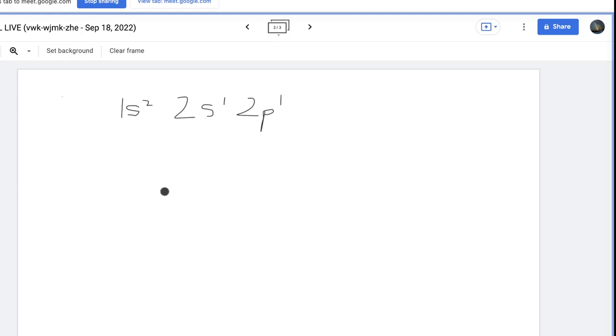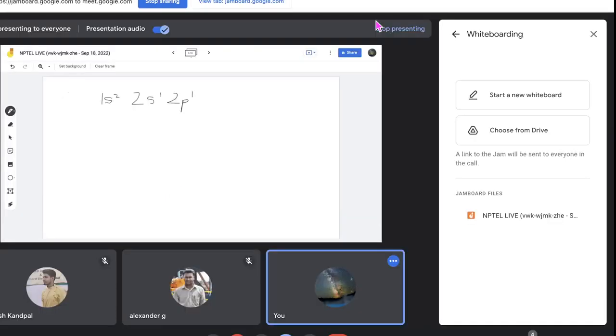So if you need to find the term symbol for this particular microstate, what will be the term symbol? I will just give you 1 minute to find the term symbol.